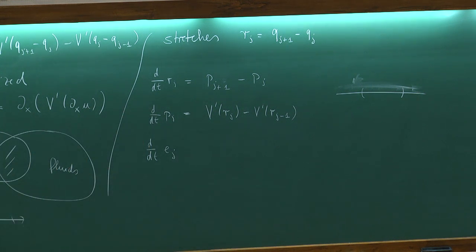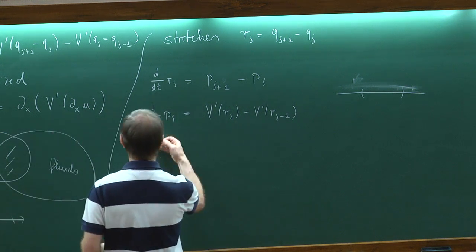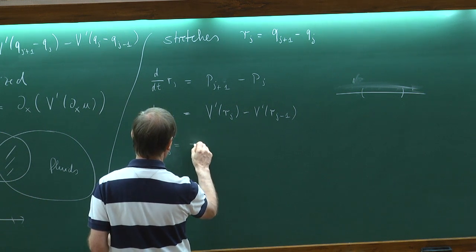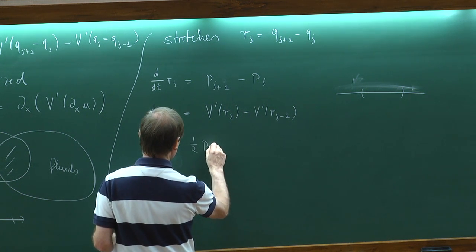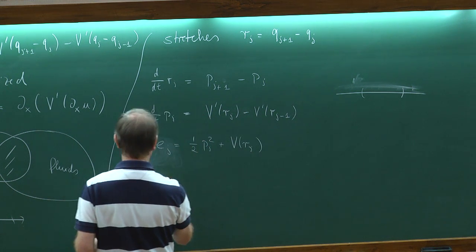So I have to first define for you what the energy is. If you look at this Hamiltonian, I have nothing else than the Rj sitting there, so it is just a sum of one-particle Hamiltonians. What I should define as the local energy is the kinetic energy plus the potential of Rj.